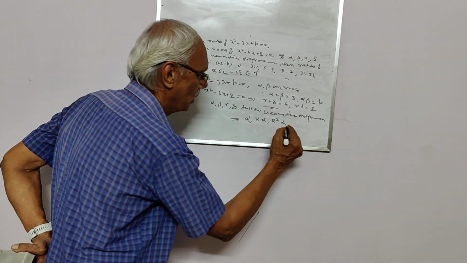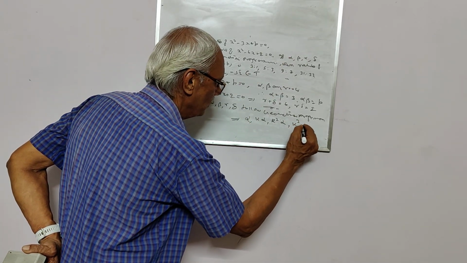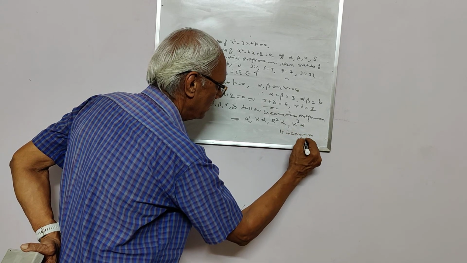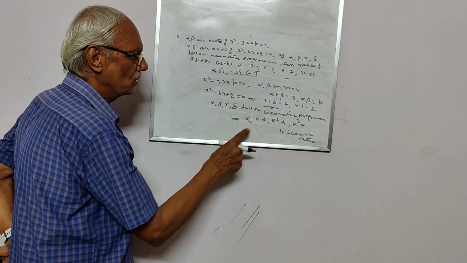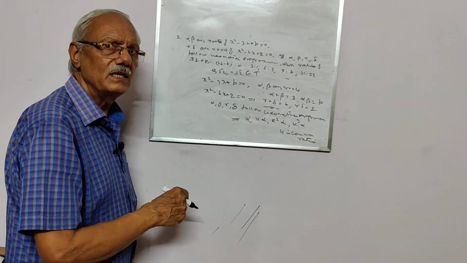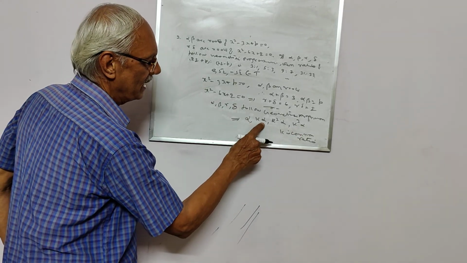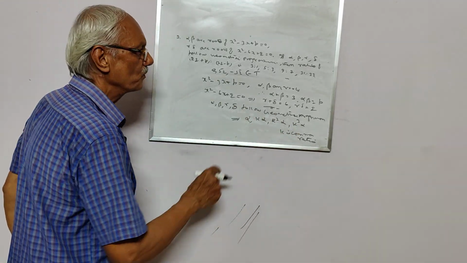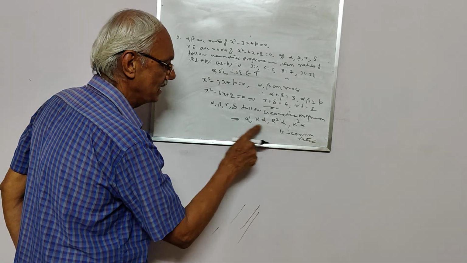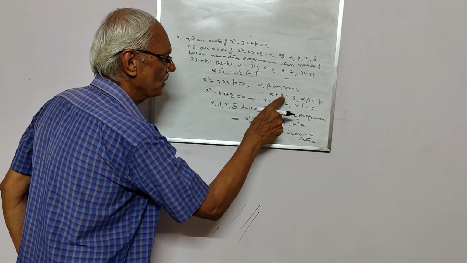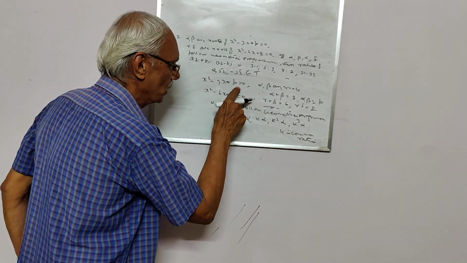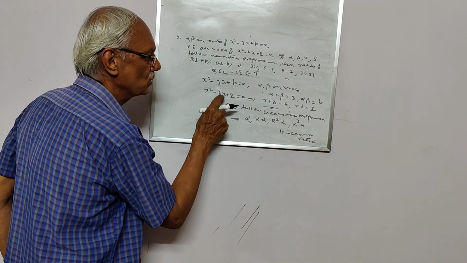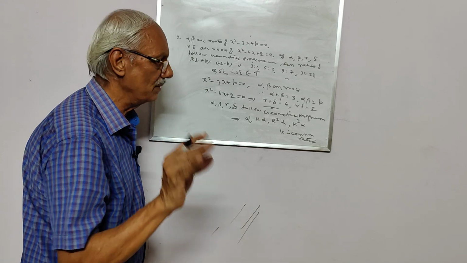K is the common ratio. And another root is k cubed alpha. There must be a common ratio for writing a geometric progression. So alpha, k alpha are the roots of the first equation, and k squared alpha and k cubed alpha are the roots of the second one. This is as per the problem.